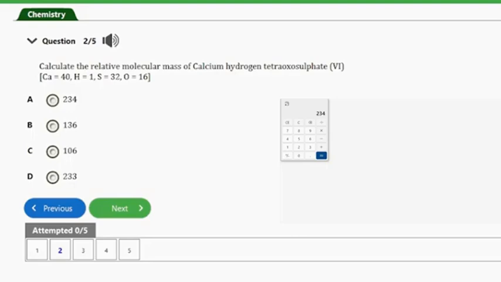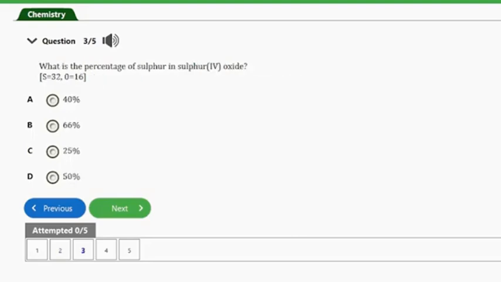We're simply going to go ahead and check out the next question here, and that's question number 3. The question says, what is the percentage of sulfur in sulfur dioxide? We want to know the percentage of sulfur in sulfur dioxide.